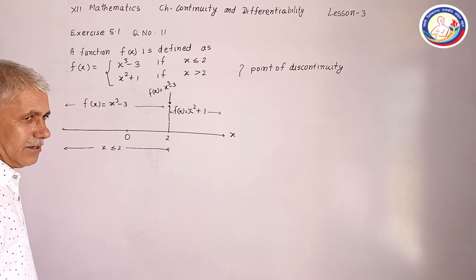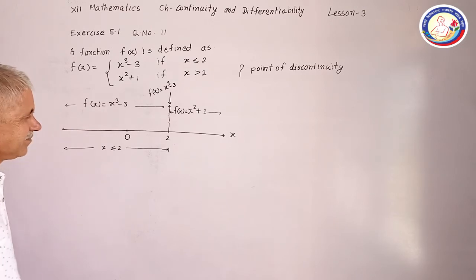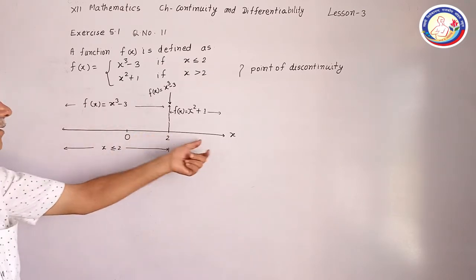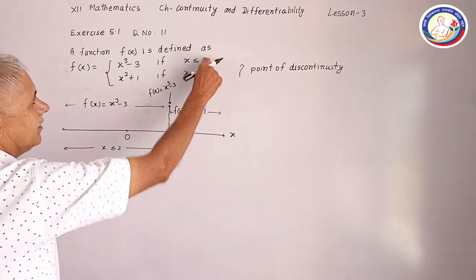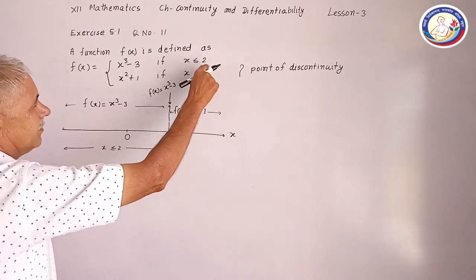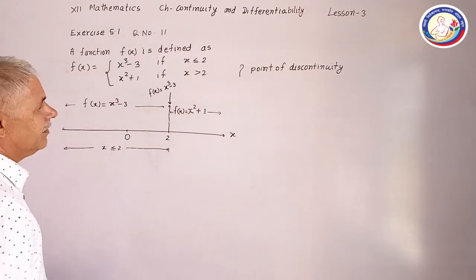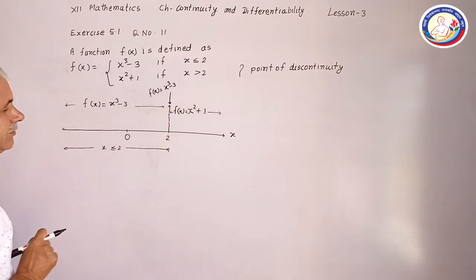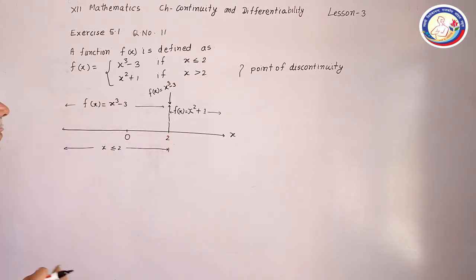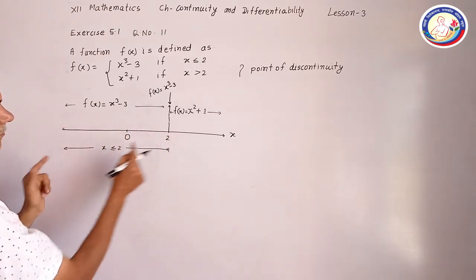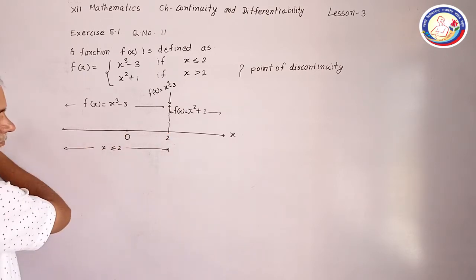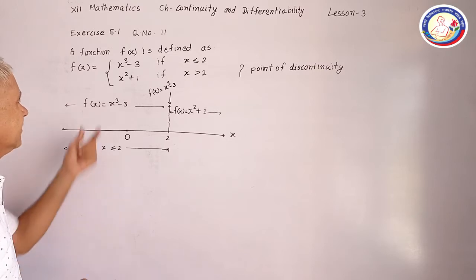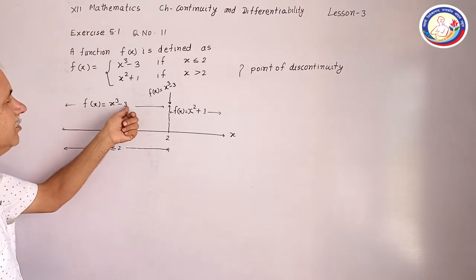Now, as I have done before, I am drawing a line for values of x. Here the point of transition, where the function changes, is 2. In this part, when x is less than 2, that is 0, minus 1, up to minus infinity, the function is given by x cube minus 3.